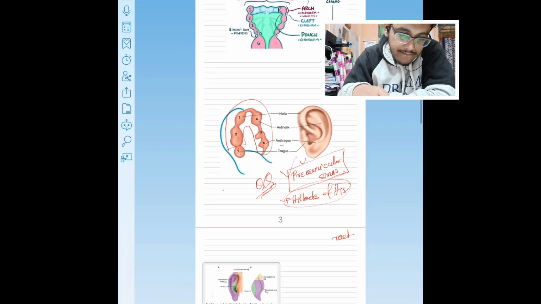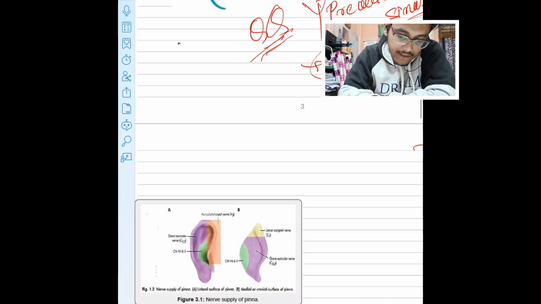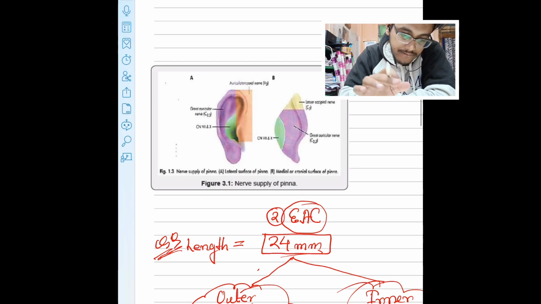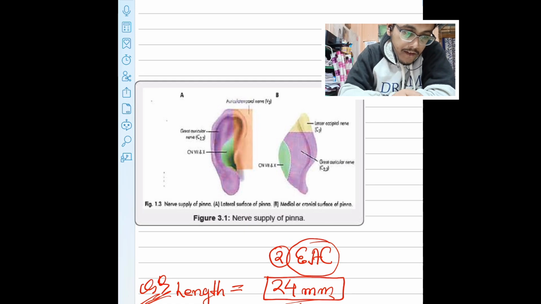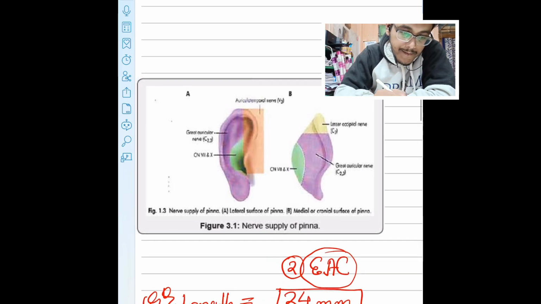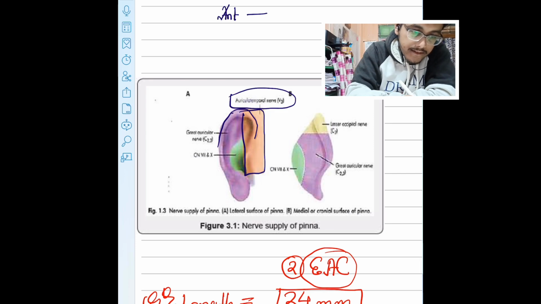If this is clear, we'll go to the nerve supply of the pinna. You can remember it like this: the anterior part of the pinna is supplied by the auriculotemporal nerve.